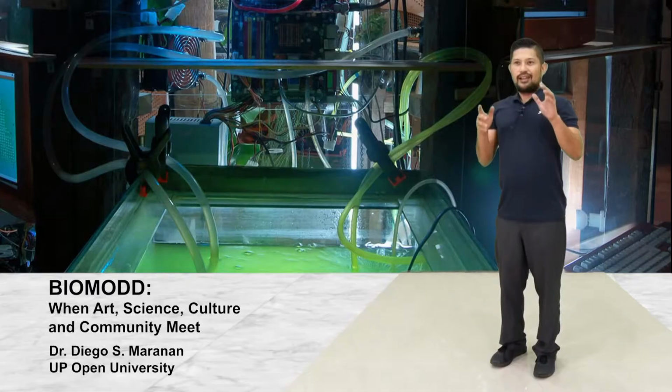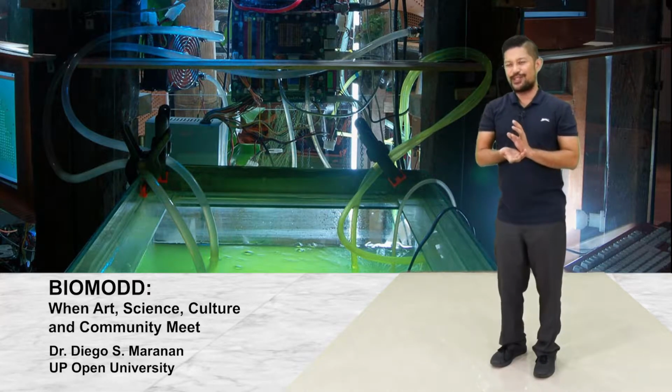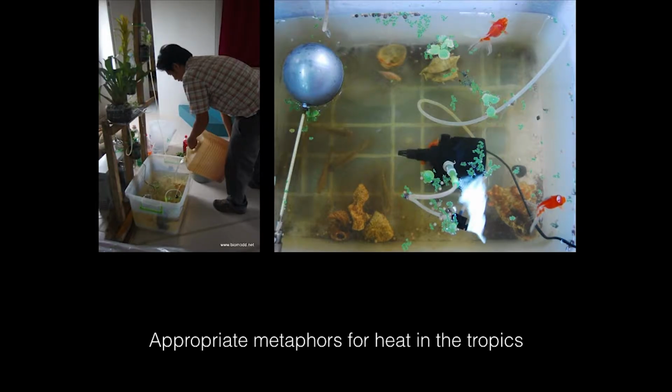Working with a bunch of BAM students from UPOU, we realized that what we could do was take another system called hydroponics and integrate it into the system. So in the Los Baños version of Biomodd, we decided to use the excess heat from the computers to grow fish using a hydroponic system.